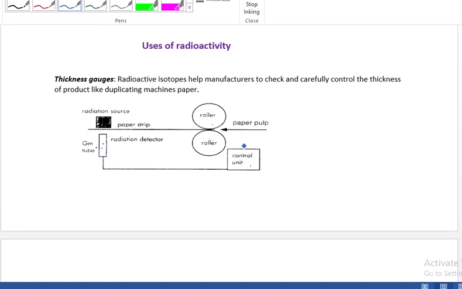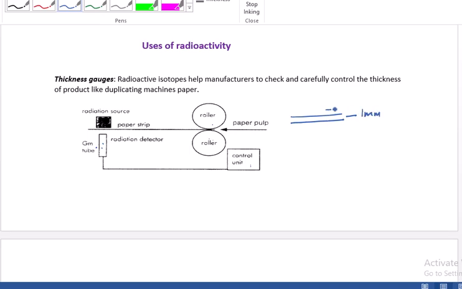So the same thing happens here. The control unit is the brain of the thickness gauge machine. When radiation reaches the GM tube, a message will be sent to the control unit, and the rollers behave in a certain way. Let's start. Say the thickness is, for argument's sake, 1 mm.